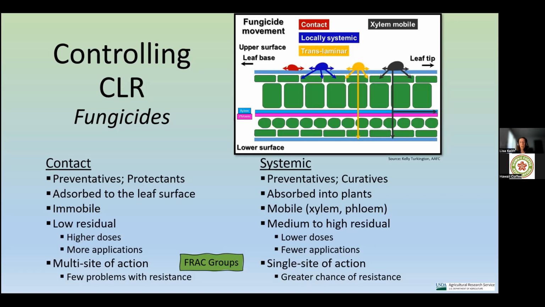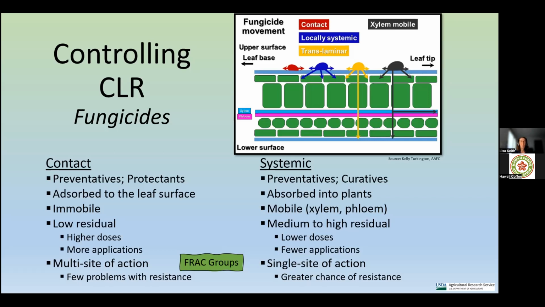And oftentimes you're going to hear, well, FRAC groups. Well, what are FRAC groups and why are they important? Okay, Fungicide Resistance Action Committee, companies got together and defined groups based on their mode of action. So products can have different names, but if the mode of action is the same, the FRAC group is the same.